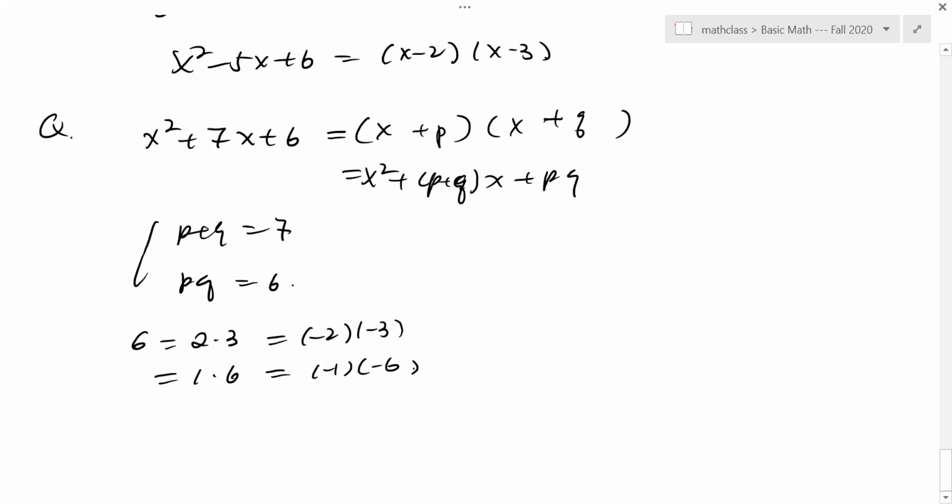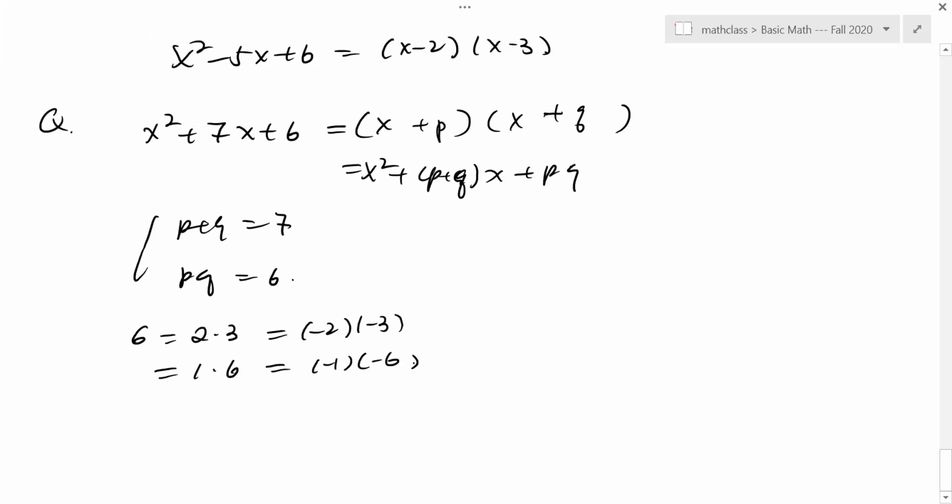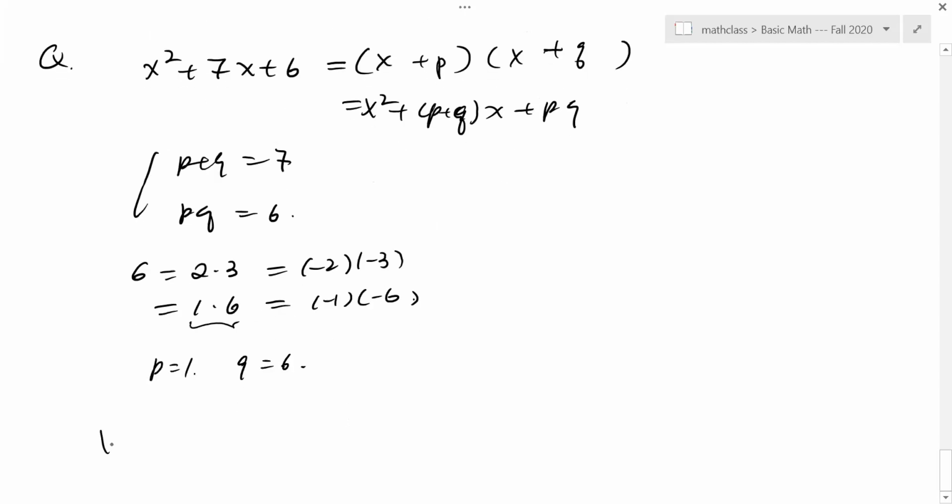So the sum should be equal to 7. The only possible case is 1 plus 6 equal to 7. So P equals 1, Q equals 6. So x squared plus 7x plus 6 is going to be x plus 1 and x plus 6.